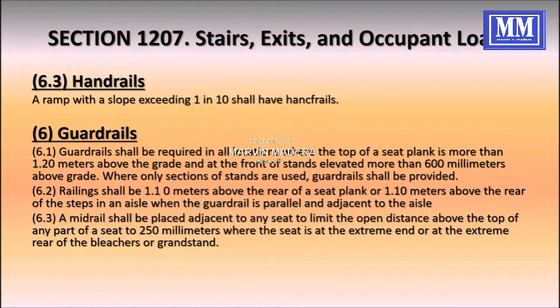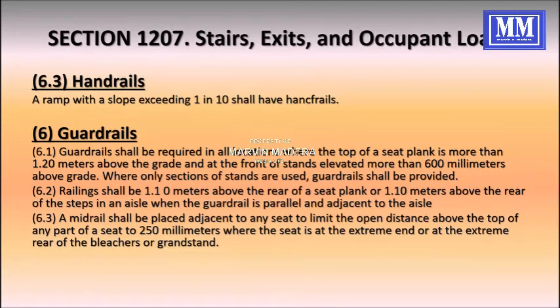Railings shall be 1.10 meters above the rear of the seat plank or 1.10 meters above the rear of the steps in the aisle while the guardrail is parallel and adjacent to the aisle. A mid-rail shall be placed adjacent to the seat to limit the open distance above the top of any part of the seat to 250 millimeters where the seat is at the extreme end or the extreme rear of the bleachers or grandstand.